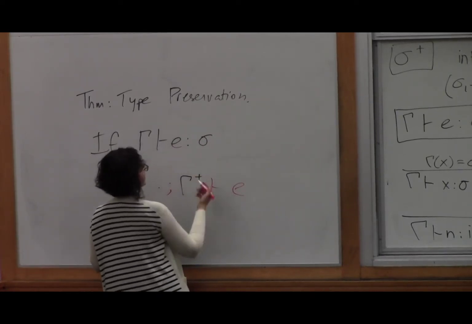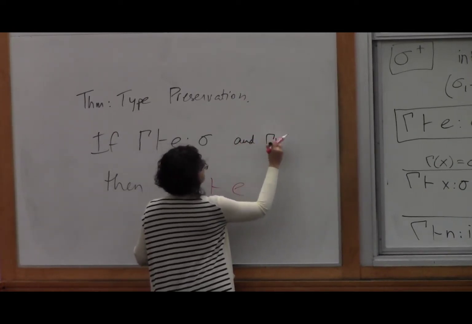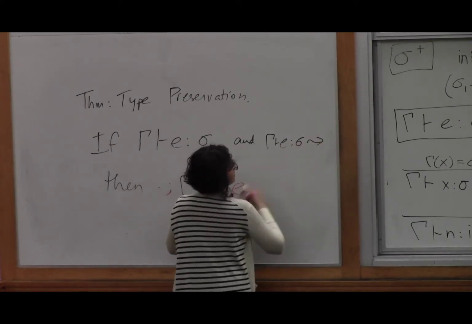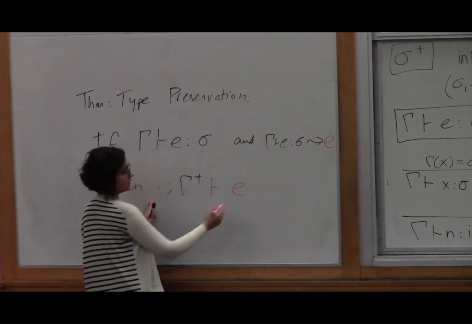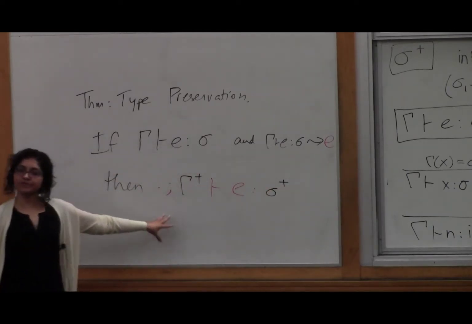I should say if this and this thing translates and then this E has type. That is what we're trying to prove.